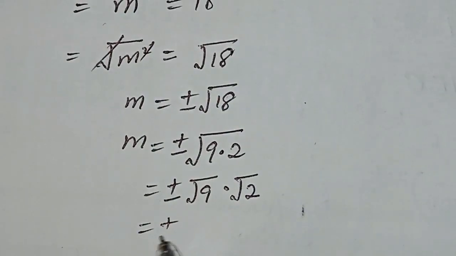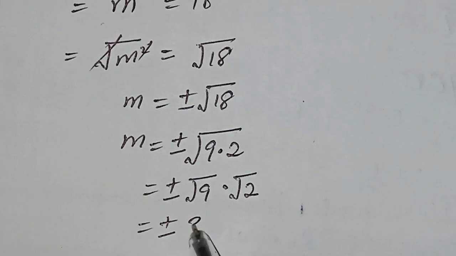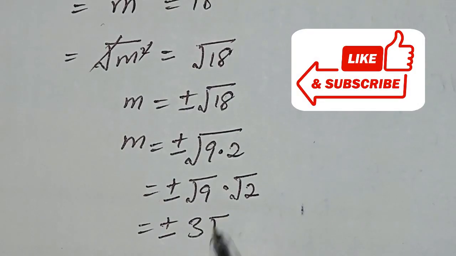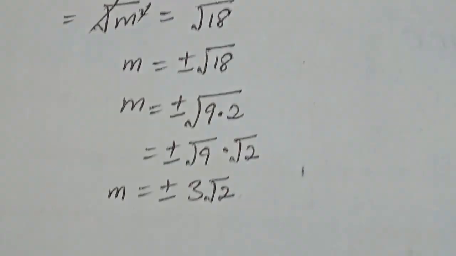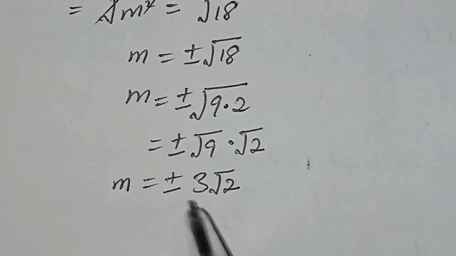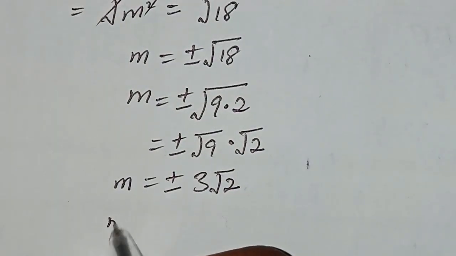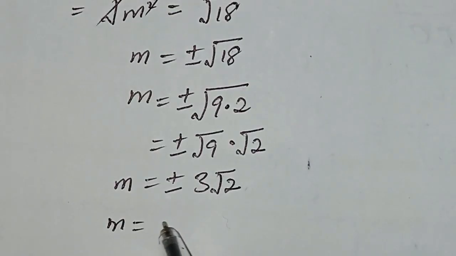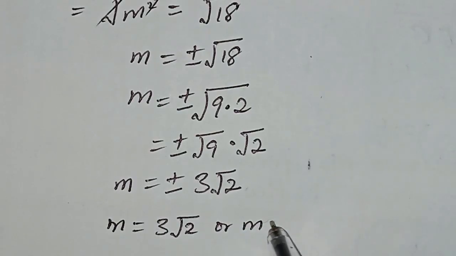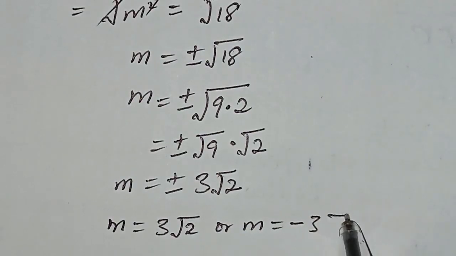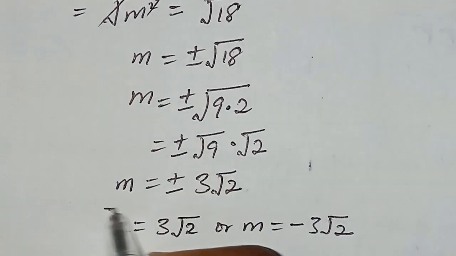The square root of 9 is equal to 3, then the square root of 2, which should be the value of m. It implies that m is equal to 3 square root 2, or m is equal to minus 3 square root 2.